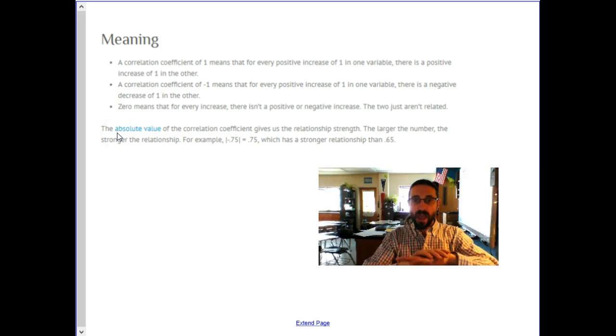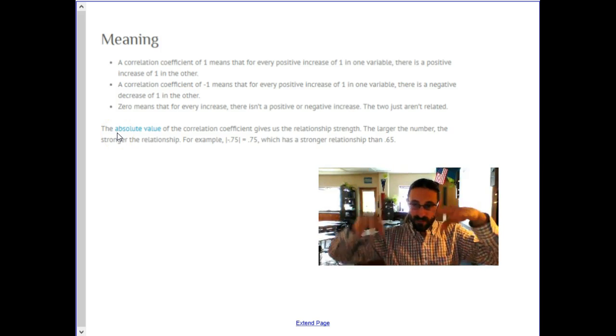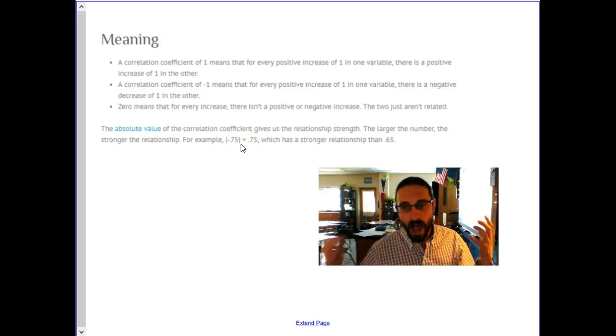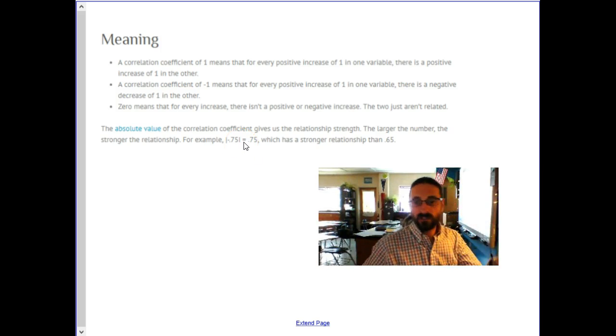And 0 means as you increase x, the values go all over the place. And again, when someone asks how strong is the correlation, whether it's negative or positive, the closer the value is to +1 or -1, sometimes they say the absolute value of it, the stronger the relationship.